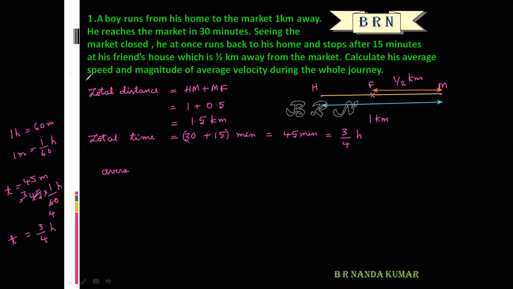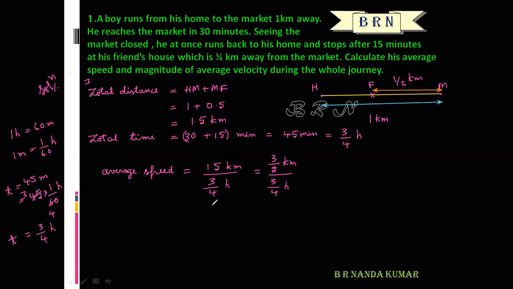So the average speed, this is the solution. Average speed is equal to total distance traveled, 1.5 kilometer, divided by total time taken, 3 by 4 hour. 1.5 can also be written as 3 by 2 kilometer, divided by 3 by 4 hour.